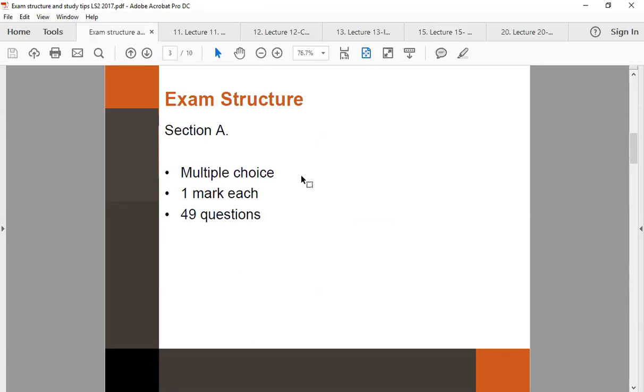All right, section A of the exam is multiple choice. Each question is worth 1 mark and there are 49 questions. Remember during reading time, don't waste it.